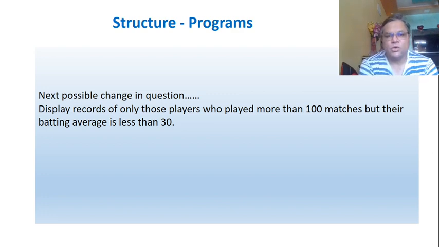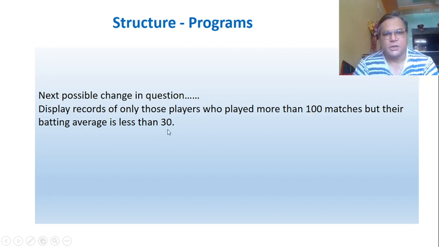So that means we should read records of n players, but we should not display records of all n players. We should display records of only those players who are satisfying the condition that they have played 100 matches and their batting average is less than 30. So we wanted to display only those records.